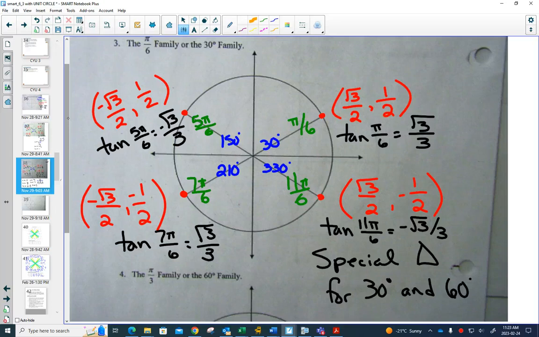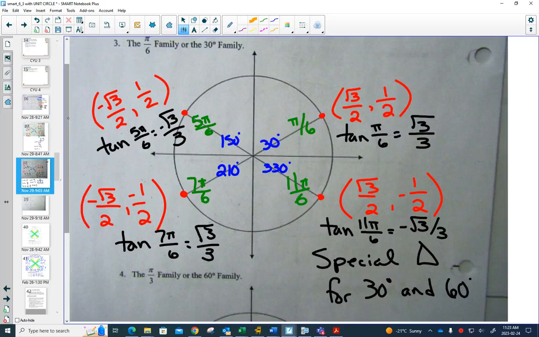Negative pi over 6 in standard position would start here and go in the opposite direction. Can you see that negative pi over 6 would be coterminal, or end in the same place as 11 pi over 6? So if I asked you what is sine of negative pi over 6, we would be at this coordinate, and you would get negative 1/2.